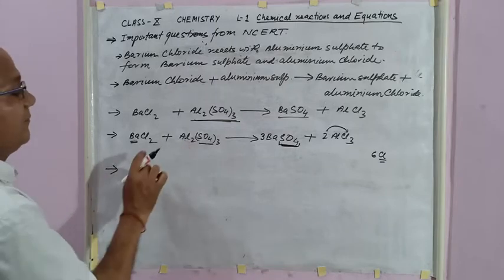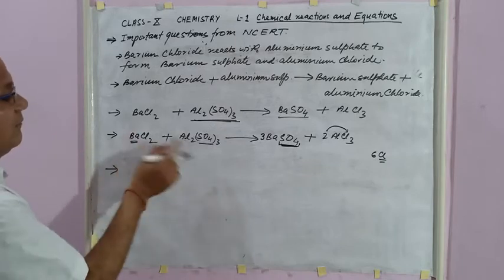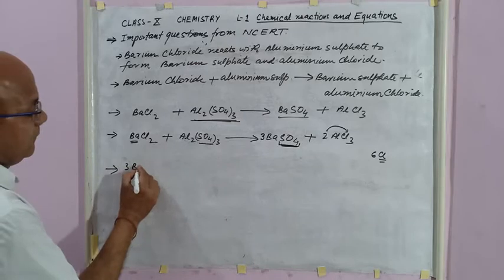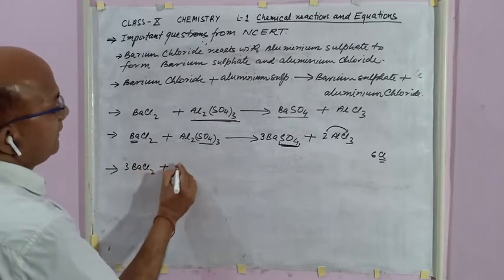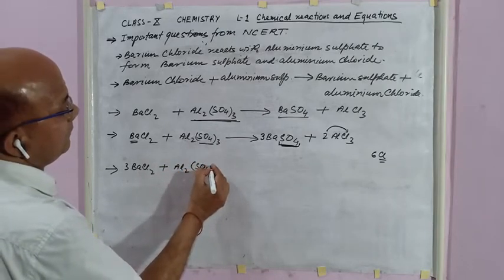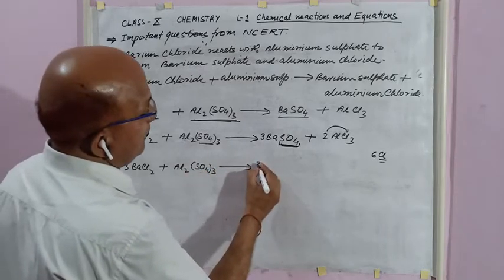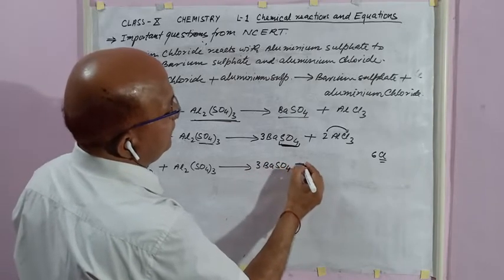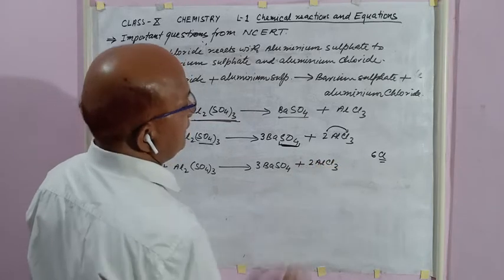To balance the barium atom we will multiply by 3. So 3BaCl2 plus Al2(SO4)3 gives 3BaSO4 plus 2AlCl3.